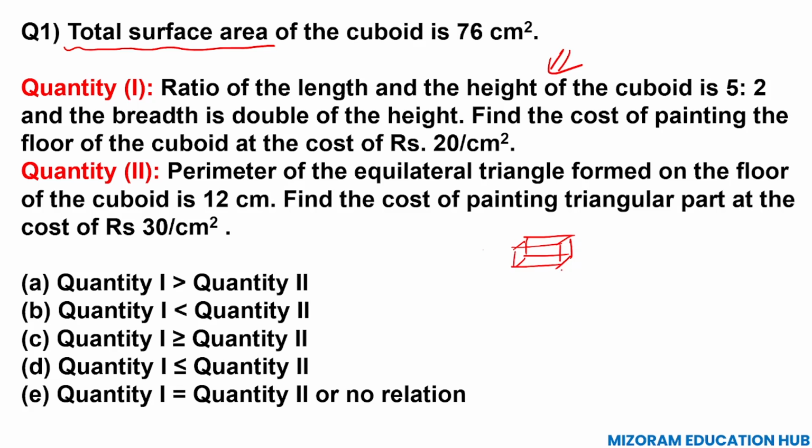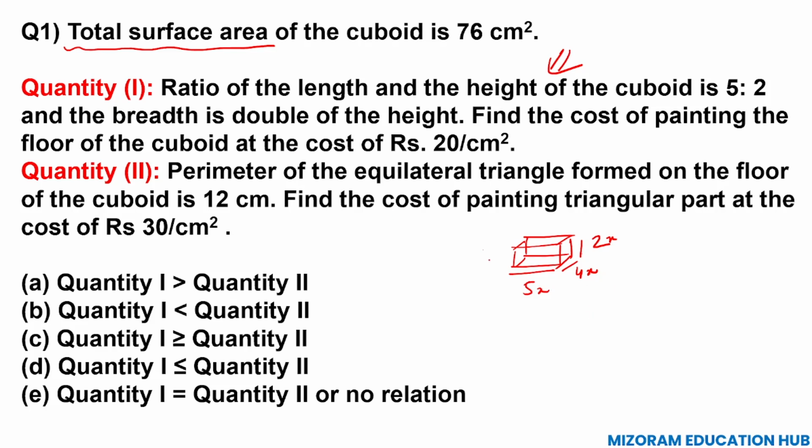Length, breadth and height are all different. The ratio of length and height is 5:2, so we take 5x and 2x. Breadth is double of the height. So height is 2x, so breadth will be 4x.